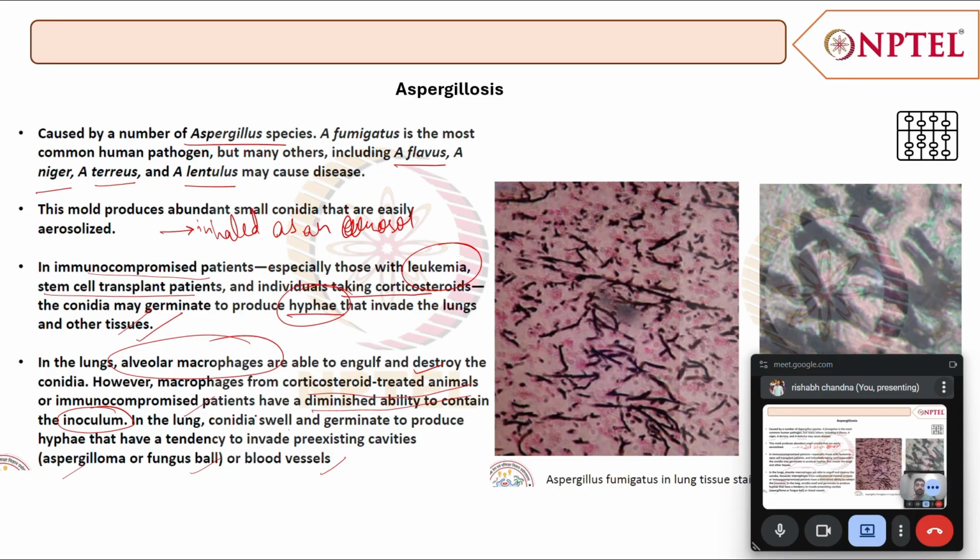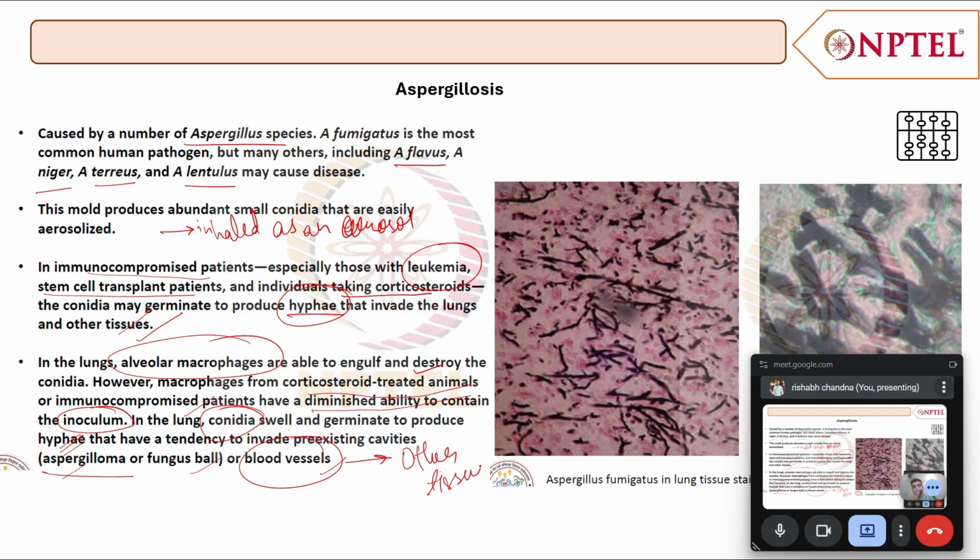So in that case, what happens? The conidia swell up and germinate to produce hyphae. Now these hyphae can invade pre-existing cavities such as aspergilloma or fungus balls, or the blood vessels. From there, they can easily infect other tissues.